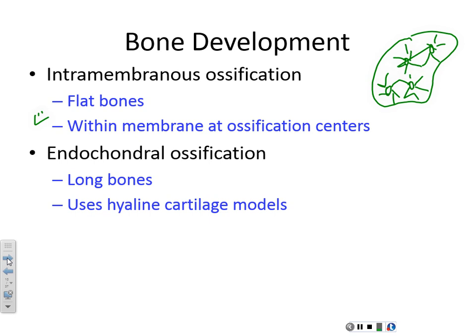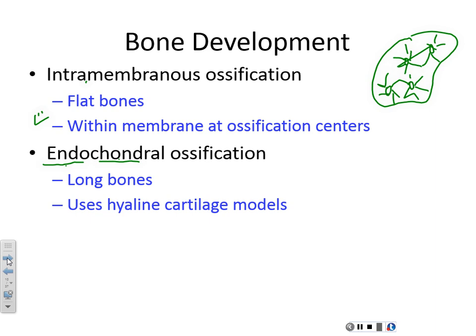Endochondral is growing within the cartilage. So this is going to be interstitial growth right there at the epiphyseal plate. So it's endo, within the cartilage, and this other one is within the membrane, which is connective tissue.